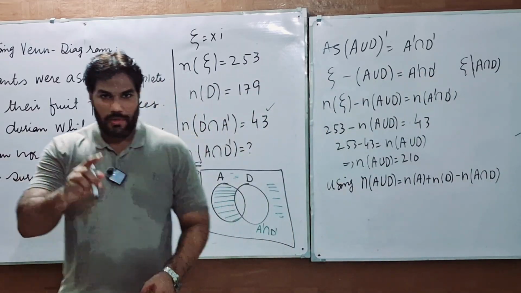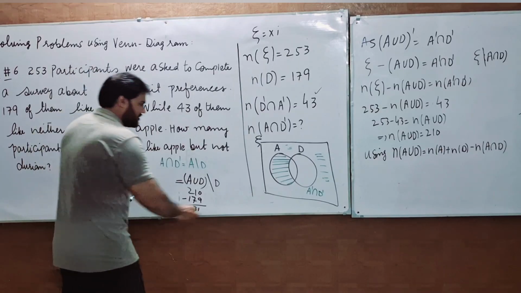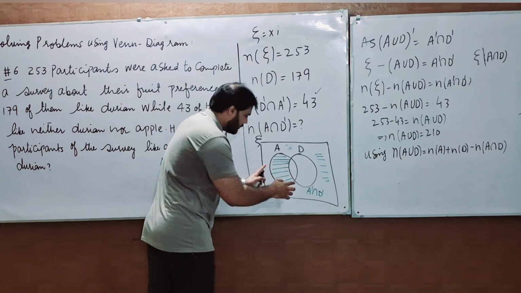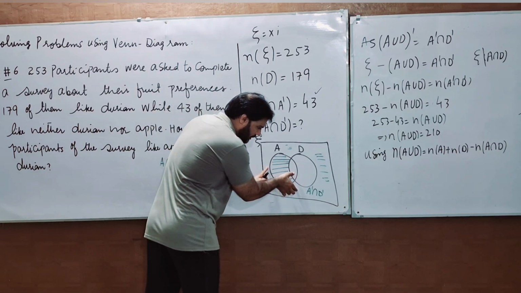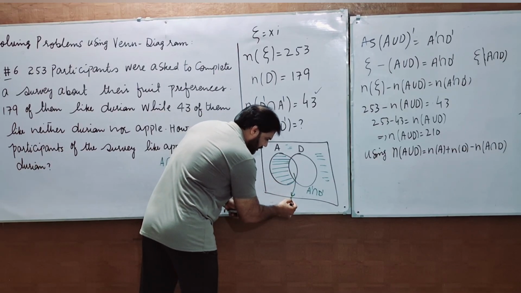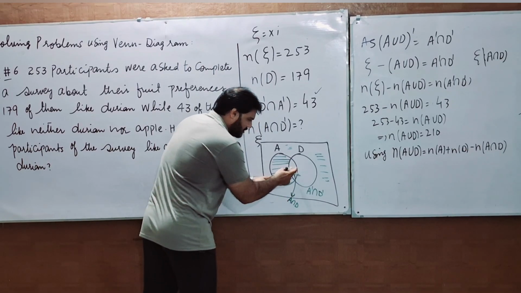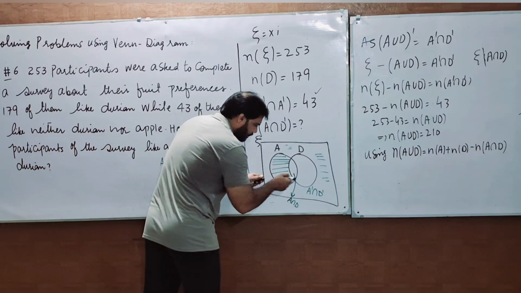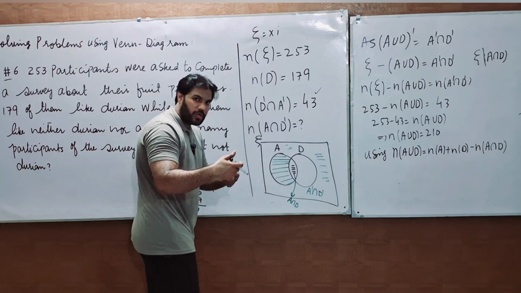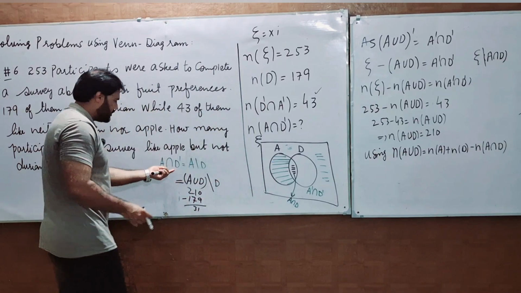Further, if you notice from the Venn diagram, this green portion is also equal to, if you subtract this intersecting area from the whole set A, then you can again find A intersection D complement.